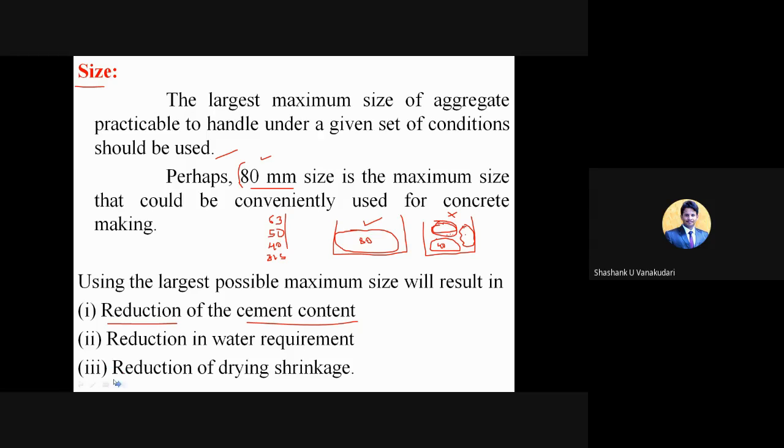Clear? And then the reduction in water requirement, because here even the water absorption capacity and usage of the water will be reduced when you have used coarse aggregates rather than fine aggregates. Okay, and then reduction of the drying shrinkage.